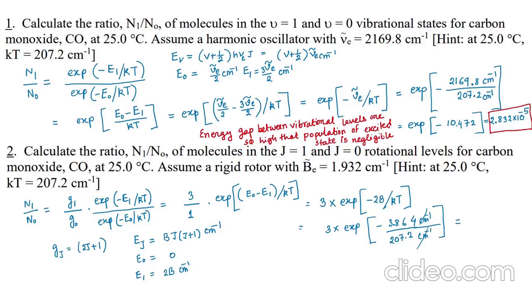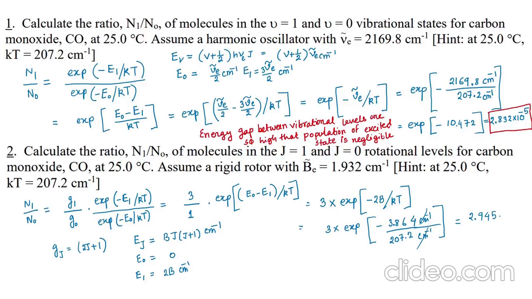3 into exponential of minus 3.864 divided by 207.2. It is going to give me 2.945.